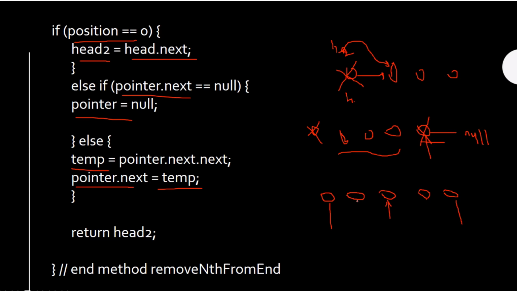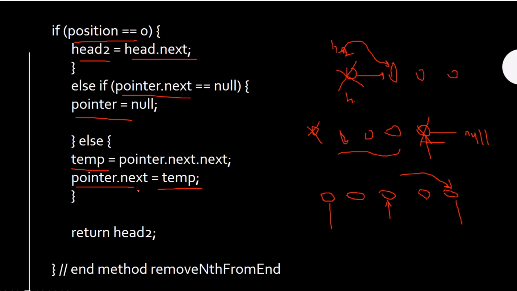So I am making my temp point to this. Okay, so this is my pointer, its next is this, its second next is this. So I'm making my temp point to this.